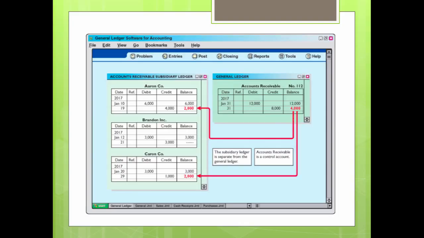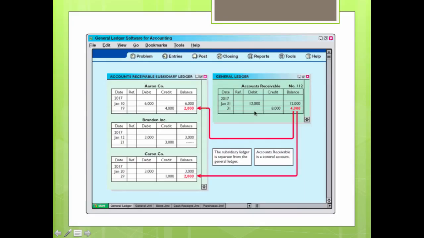Now, this illustration shows you the relationship between the general ledger and the subsidiary ledger. In the previous chapters, you learned that on January 21st, you purchased something, so you recorded it, either as a debit or a credit. Okay?